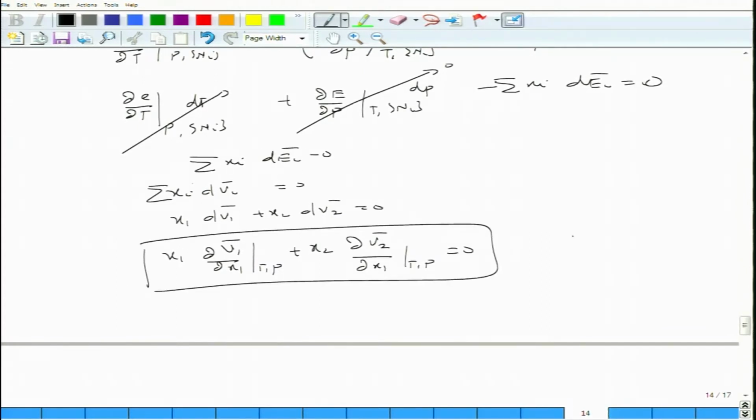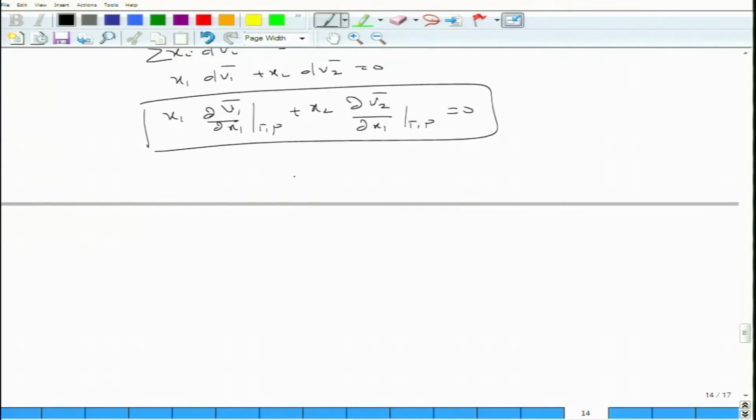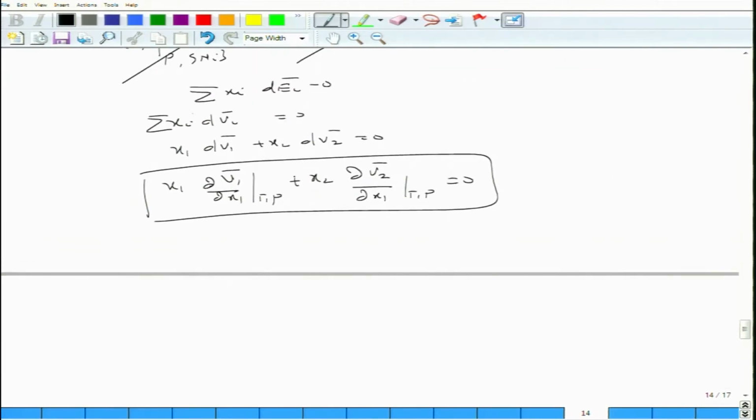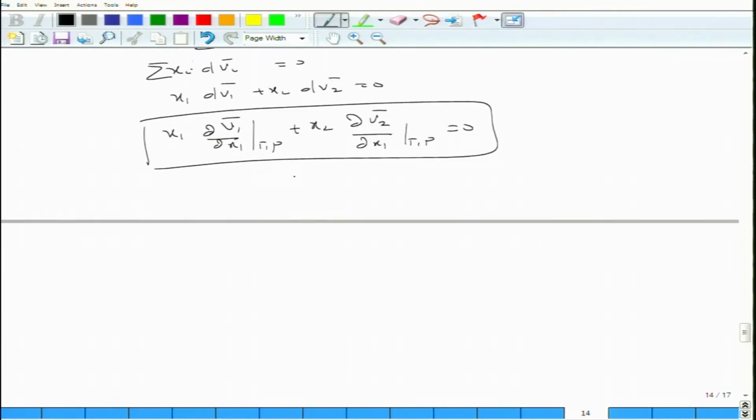So, we have this general expression for the binary mixture where we have connected the composition and partial molar volume properties. So, we are going to make use of this expression. We can actually replace E by anything, H, U, G and so forth. In this case, since our interest is volume, we have replaced E by V. So, this is our expression.